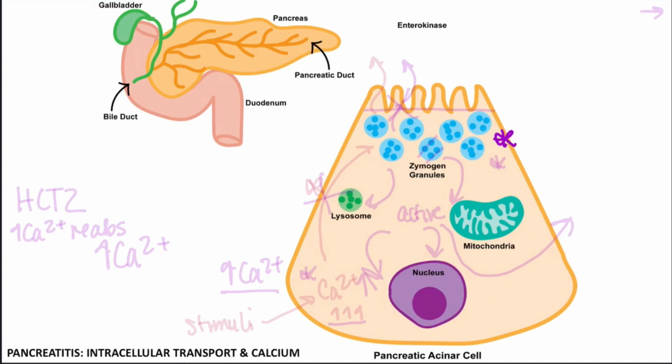So if the granules cannot fuse with the cell membrane to then be released, then the granules risk remaining in the acinar cells for a prolonged period, increasing the risk of them fusing with lysosomes. The fusion with lysosomes will lead to intracellular enzyme cleavage and activation.